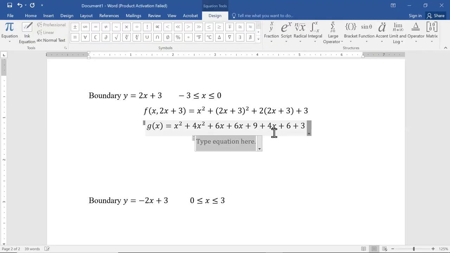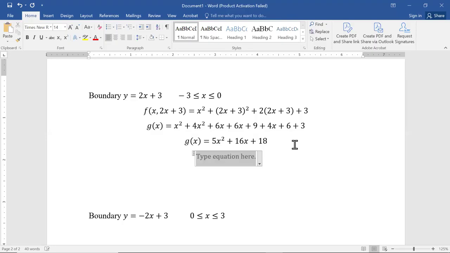Combining like terms, this is a pretty easy function to deal with. I get 5x squared plus 12x. Oh, no, I'm sorry, plus 16x, I believe, plus 9 plus 6 plus 3 gives me plus 18.